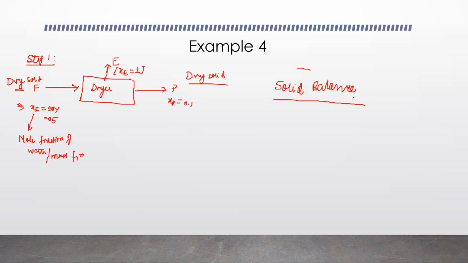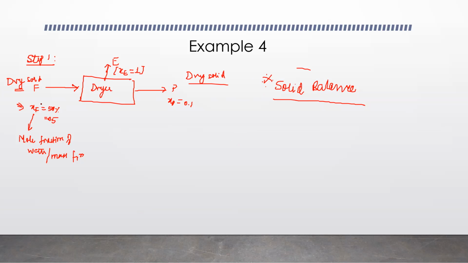When we form the first equation for solid balance, that makes it very easy to solve any other part of the problem. It becomes very easy. So for the unit operation of drying, we are going to form the first equation for solid balance. Let's do solid balance.